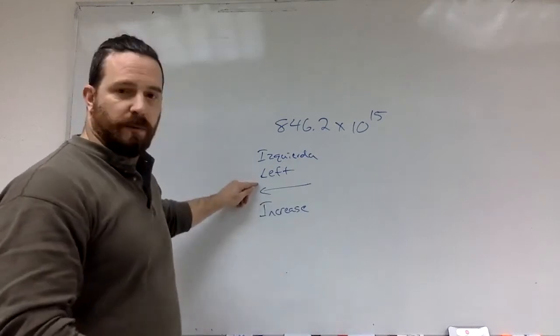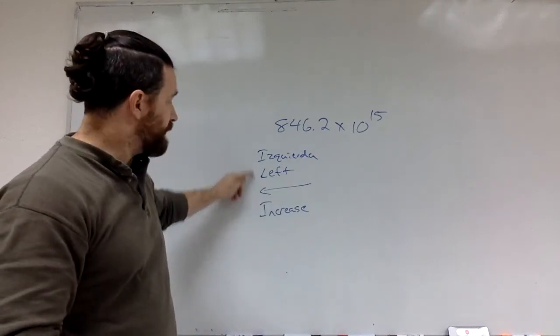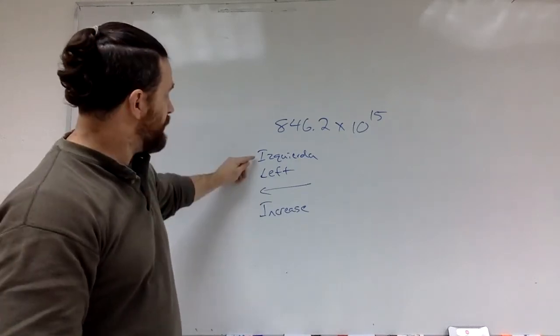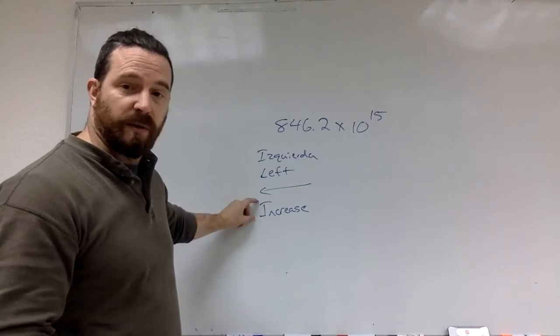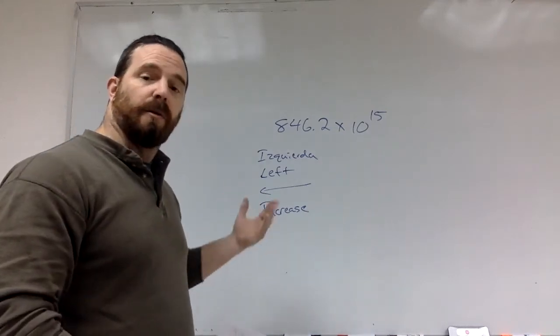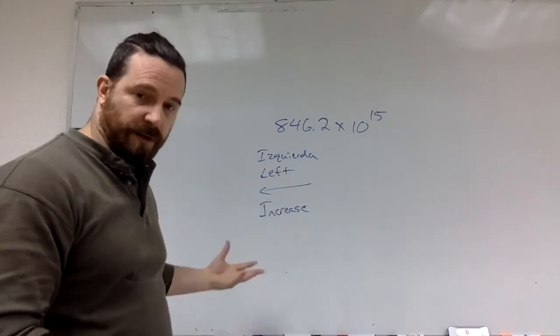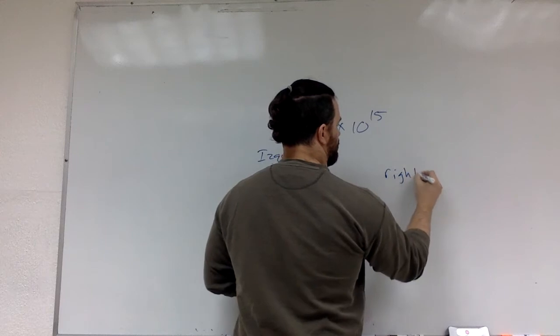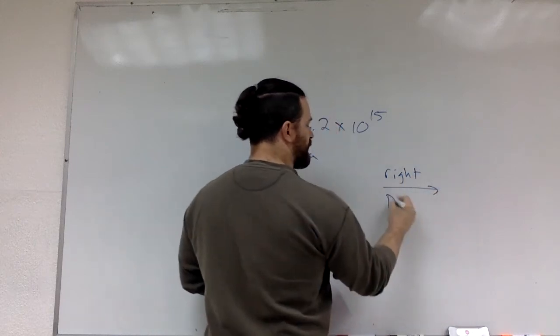If you move the decimal para la izquierda, you have to increase. Both of these words begin with I. Izquierda begins with an I, increase begins with an I. So whenever you move the decimal to the left, you're going to increase. Izquierda, increase.